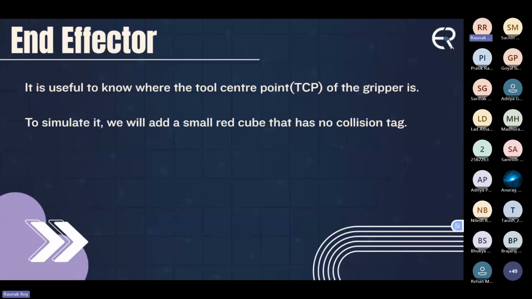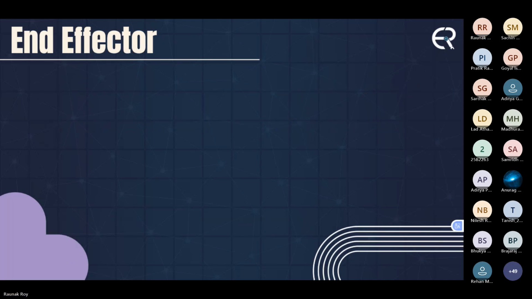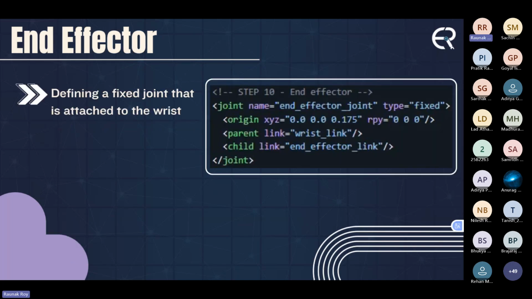Another thing which is useful to create is the tool center point of the gripper. So for that, we'll just add a small red cube at the center of the fingers, which has no collision tag. So first we'll define a fixed joint, which is attached to the wrist.